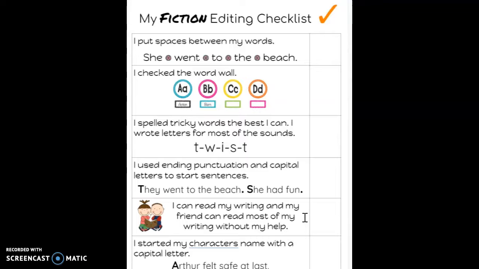Now, I know most of us don't have our friends with us at home, but I know you have mom and dad, sister, brother, aunt and uncle, someone else at home that can read your writing. And remember to start all of your characters' names with a capital letter, just like Arthur's name is capitalized because it is a name.